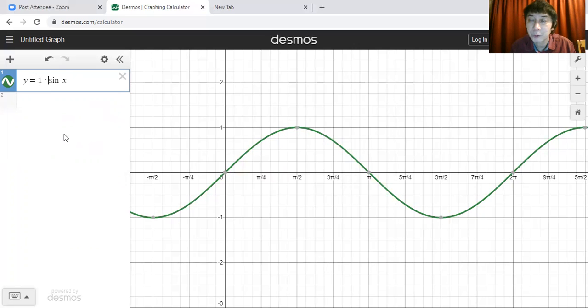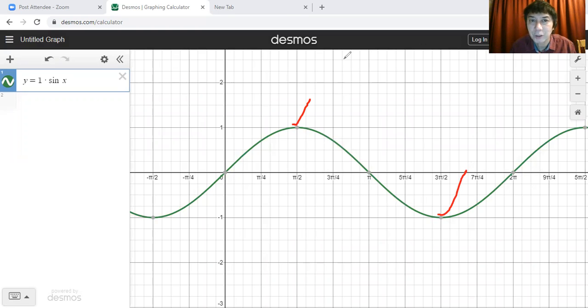And it is equal to the highest value over here. From this highest value, subtract the lowest value, and then you divide by 2, all right, and that is the amplitude.